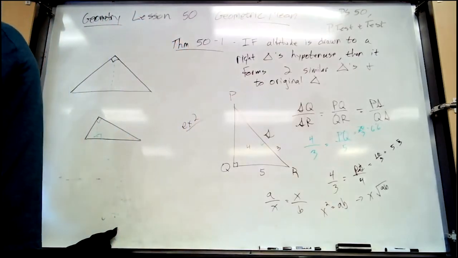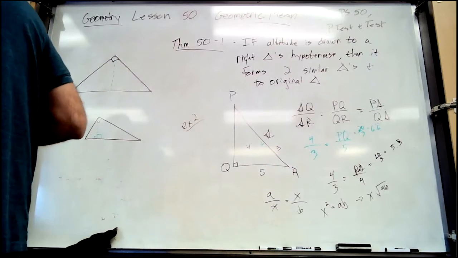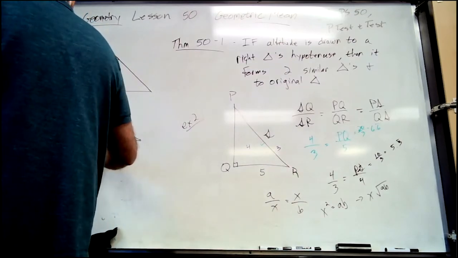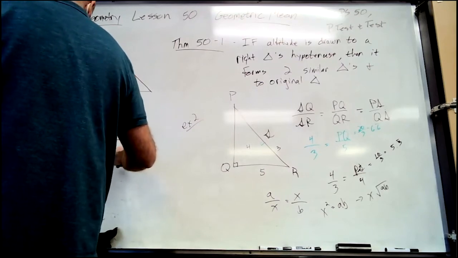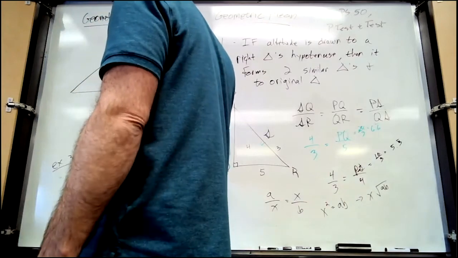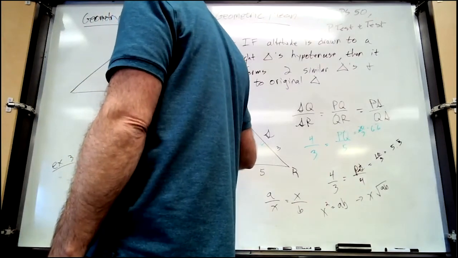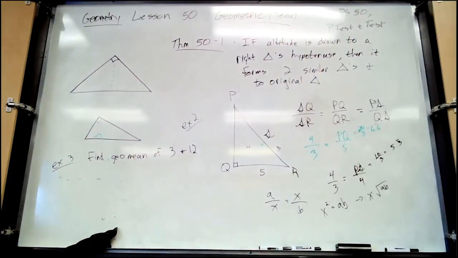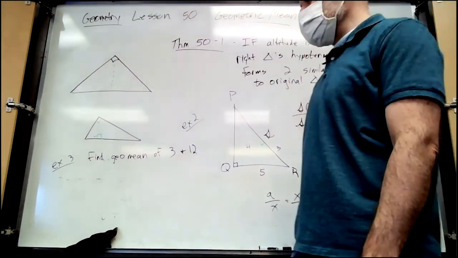Okay, so let's find the geometric mean of 3 and 12. Here's example 3. Find the geometric mean, I'm going to call it geomean, of 3 and 12. Does anyone have it already? What's the geometric mean of 3 and 12?